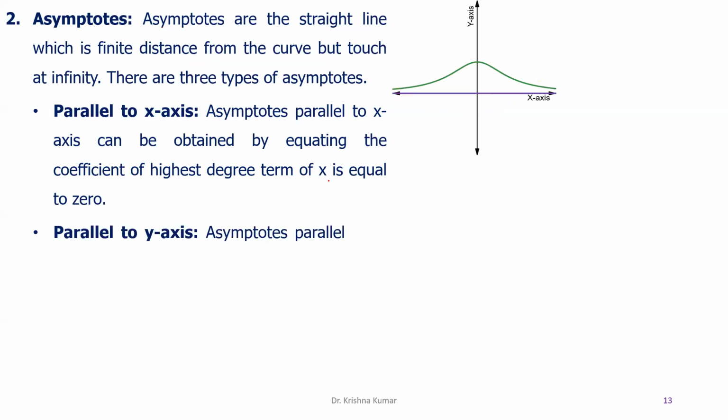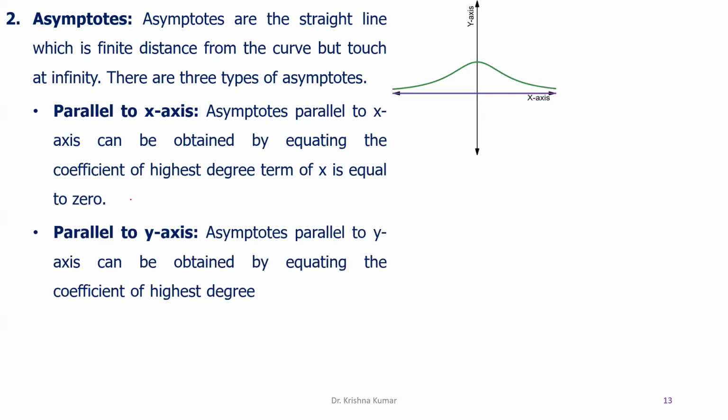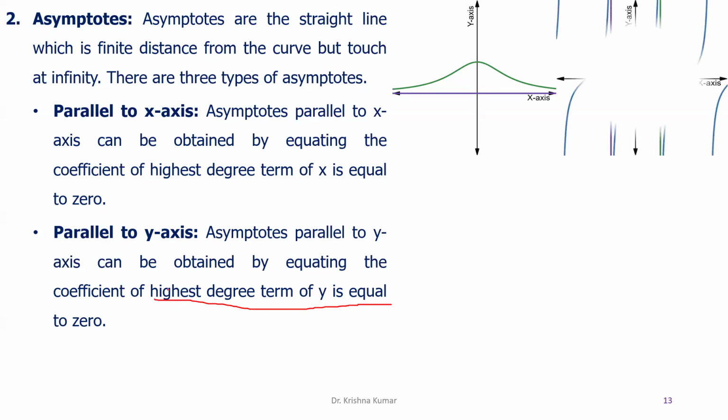Parallel to y-axis. Asymptotes parallel to y-axis can be obtained by equating the coefficient of the highest degree term of y equal to 0. Now here, just look here. This is the equation of the tan curve.